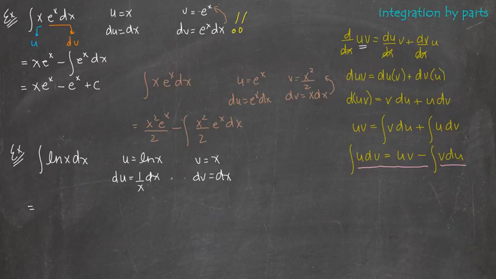Now I can start to put it together using the formula. This is the left-hand side. So u times v, so I have natural log of x times x, x natural log of x, minus the antiderivative of v du. So v is x, over x dx.